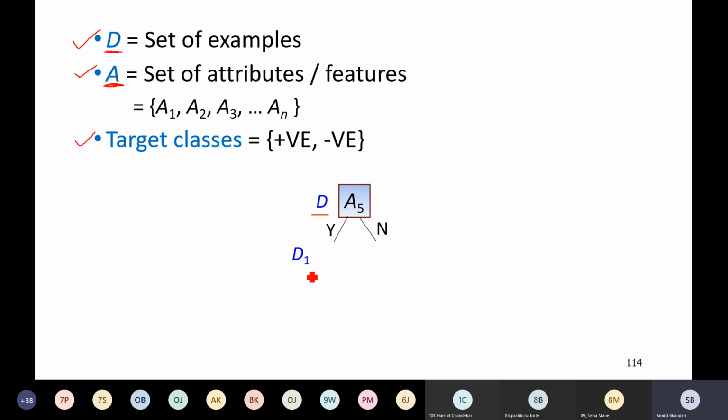So what is there in this D1? All those examples for which attribute value A5 is y. So D1 is the subset of D in which we have the examples such that the attribute value A5 is y.